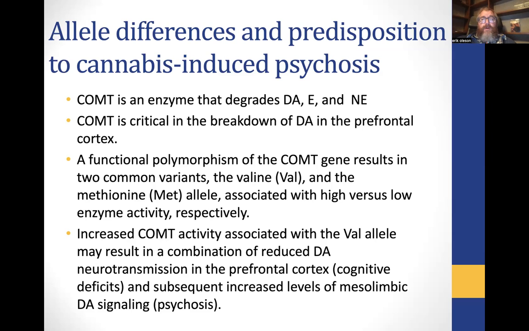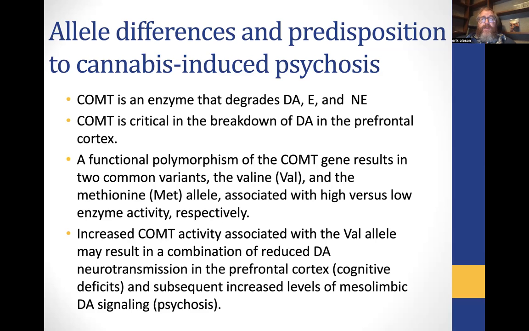when they looked at the relationship between COMT and cannabis use amongst people in New Zealand. It's also worth pointing out that that study hasn't been replicated everywhere it's been conducted.